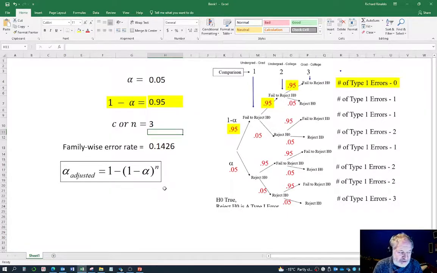My error rate's not 0.05, because I have to look at it not from the individual t-tests, but all three t-tests, which form my study, my analysis. It's the likelihood of me rejecting the null at least once from the perspective of all three comparisons. So that's referred to as the family-wise error rate.